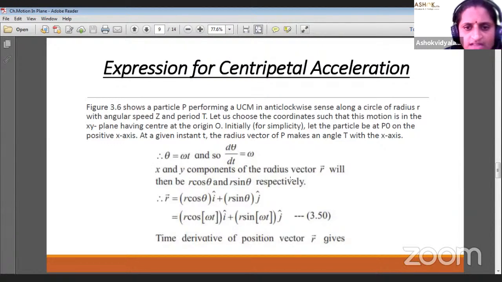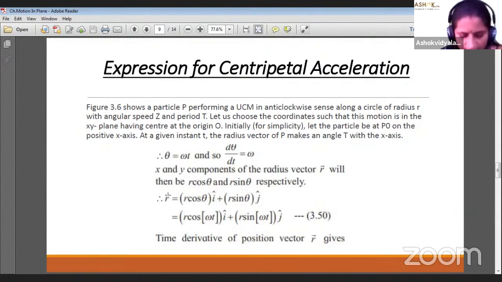The xy components of the radius vector r will be r cos theta along the x-axis and r sin theta along the y-axis. We can write this using the resolution of vectors, which we saw in the mathematical methods lecture.